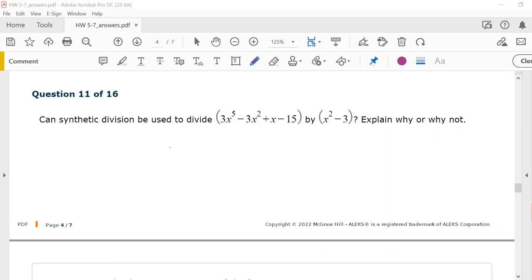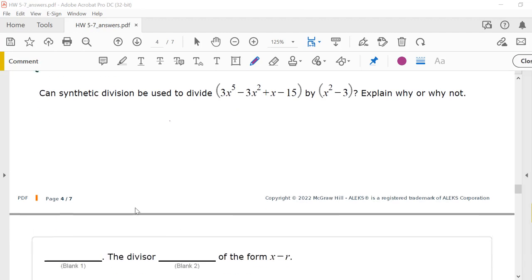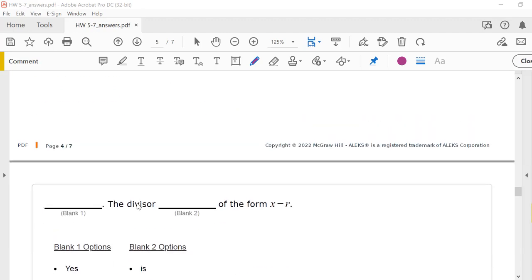Number 11 says, can synthetic division be used to divide 3x to the fifth minus 3x squared plus x minus 15 by the binomial x squared minus 3, and explain why or why not? Let's see the prompts that they give you.